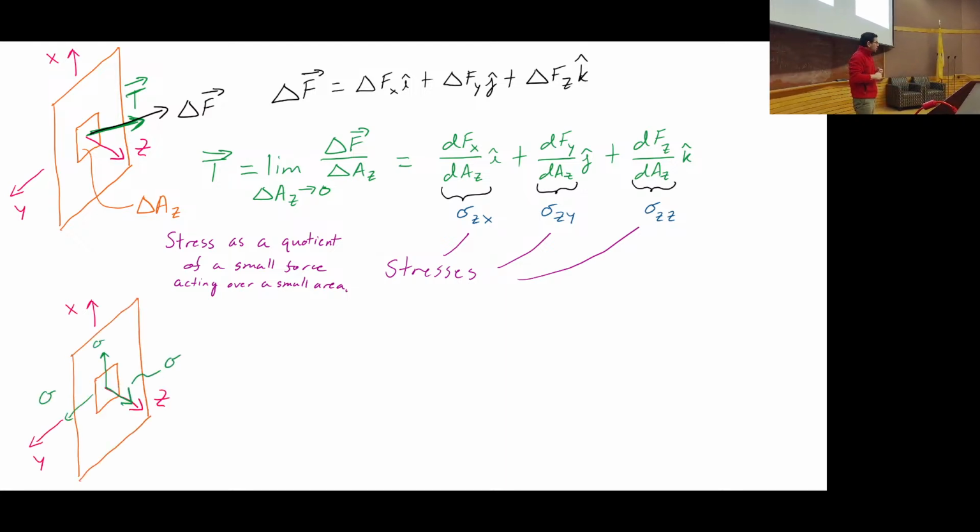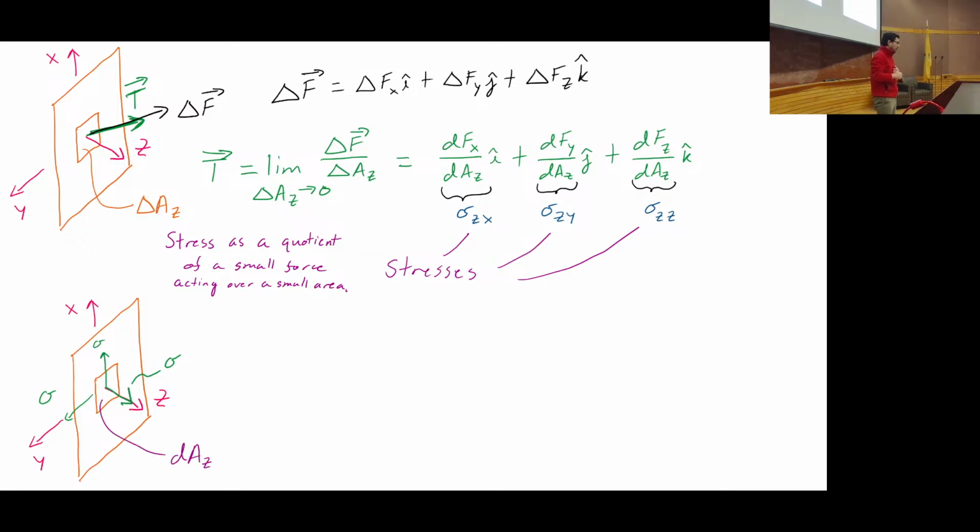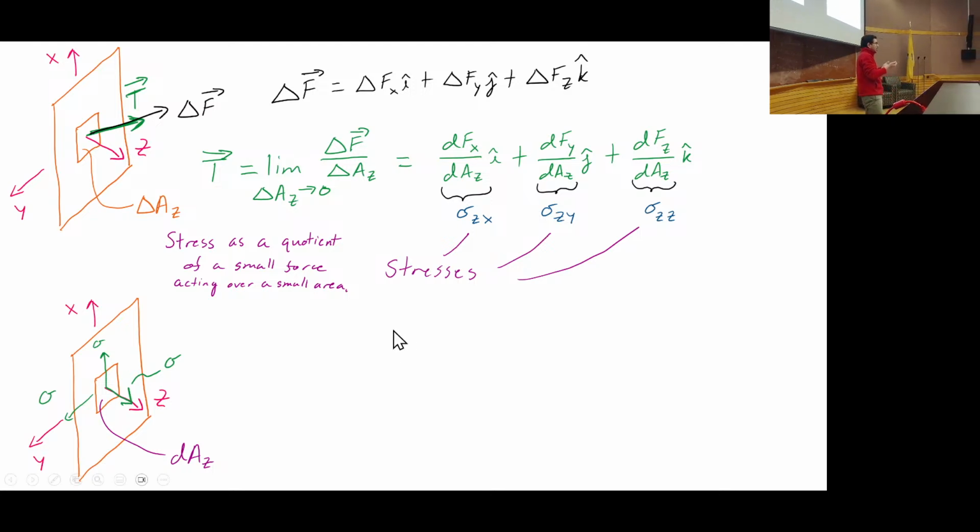And of course we love the normal stresses. Not because I'm a normal person, but because it's kind of simple to have the areal vector going in the same direction as the force vector, and you can kind of pull something apart, and it's a little bit intuitive.